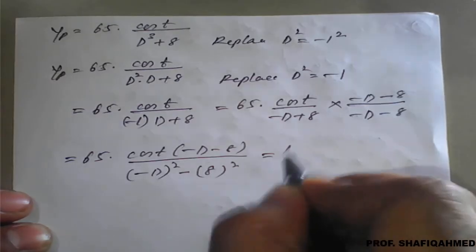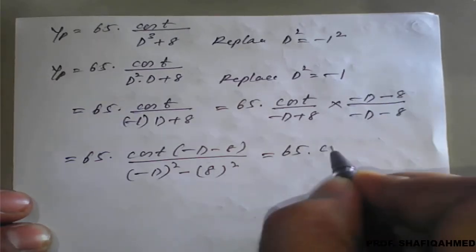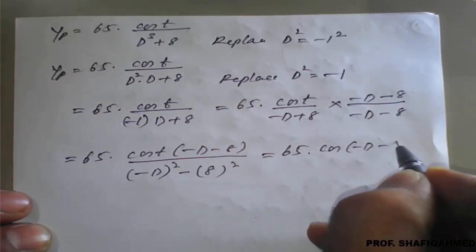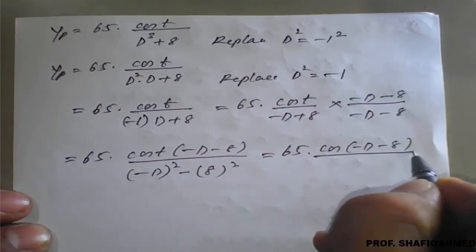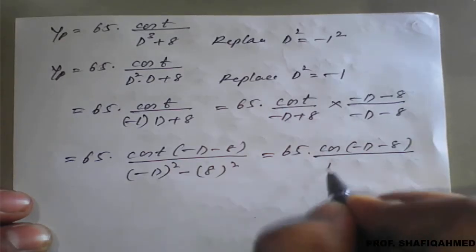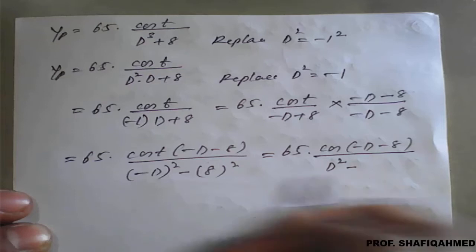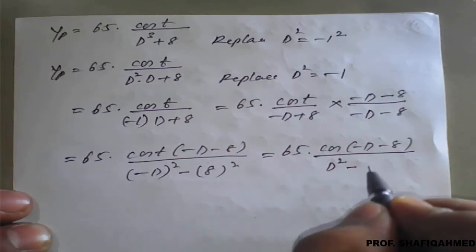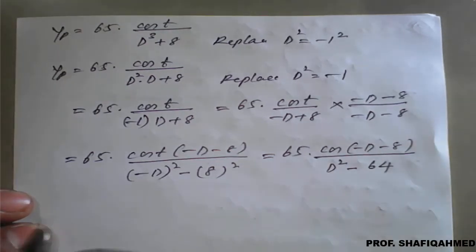That is 65 into cos of minus D minus 8 divided by D square minus 8 square, which will become how much here? 64.